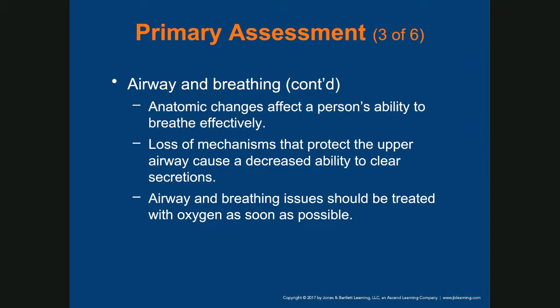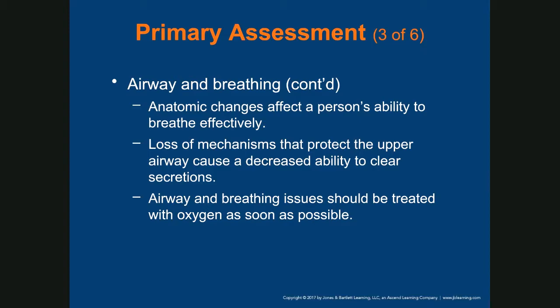Loss of mechanisms that protect the upper airway cause a decreased ability to clear secretions. Pay attention to that airway, right? And suction as needed. Airway and breathing issues should be treated with oxygen as soon as possible. So once there's an airway issue, if it's upper airway, it's position, keep clear, maintain, right?